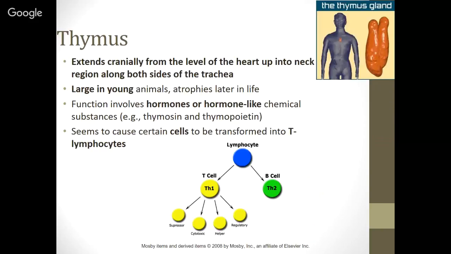The function involves hormones or hormone-like chemical substances like thymosin and thymopoietin. They cause certain cells to be transformed into T lymphocytes or T cells. Now, these T cells can specialize as a suppressor, as a cytotoxic T cell, as a helper T cell, or as a regulatory T cell.